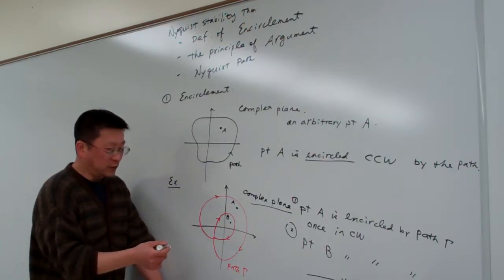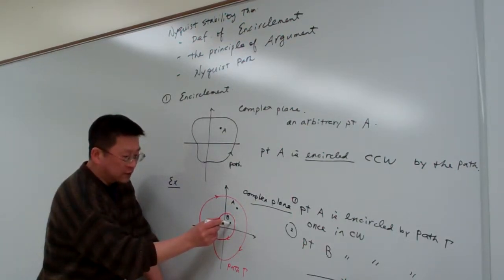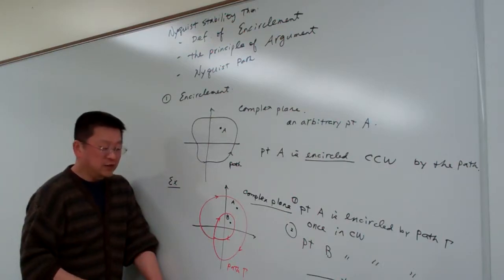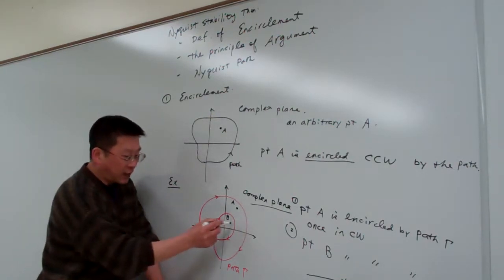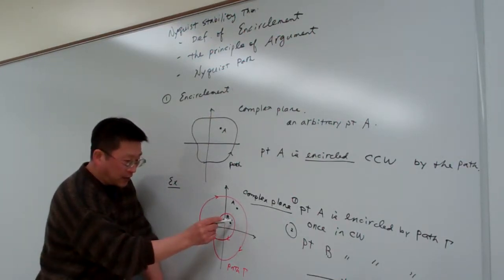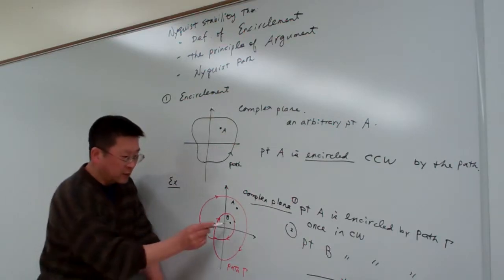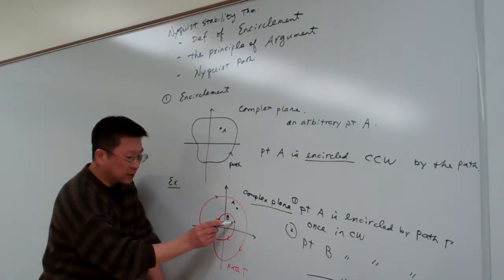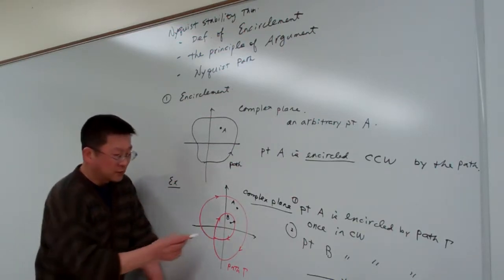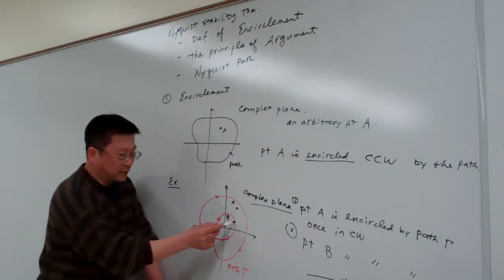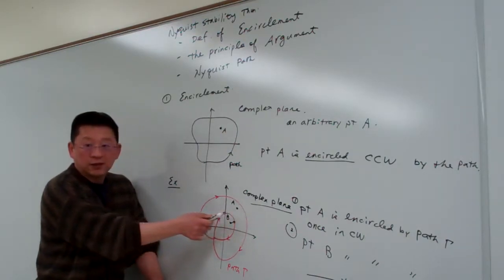Using the point B as the center, on the path you simply pick any point as the test point. You connect from B to here, so that gives you a direction, an arrow. This arrow is basically a vector in the complex plane.